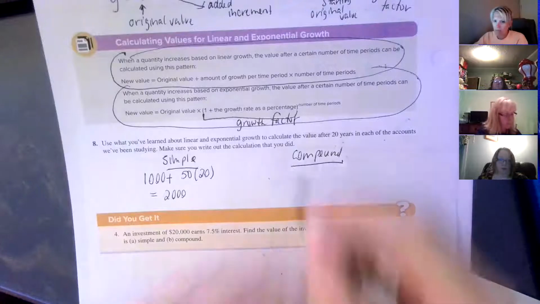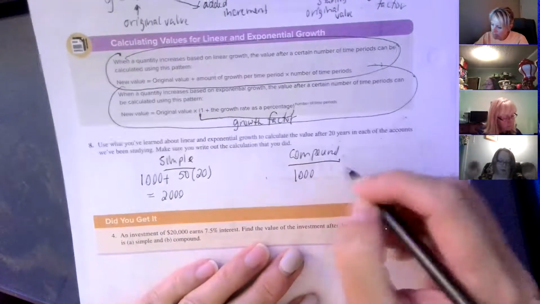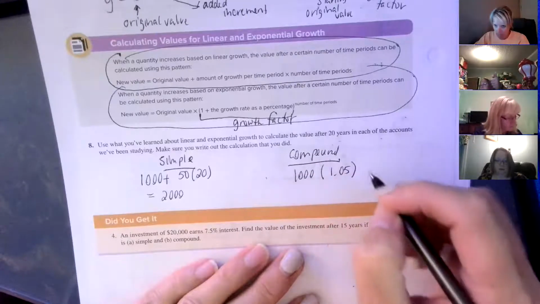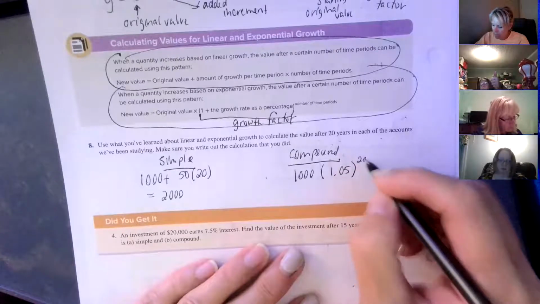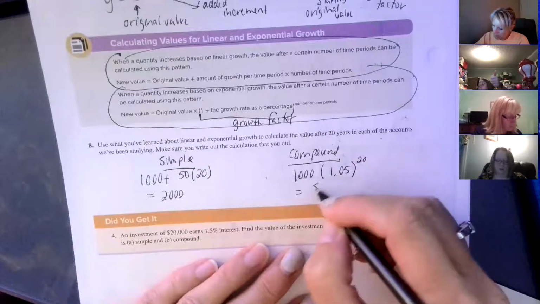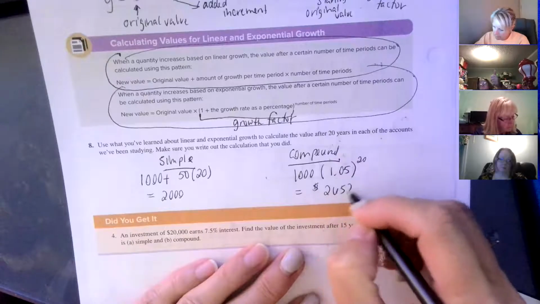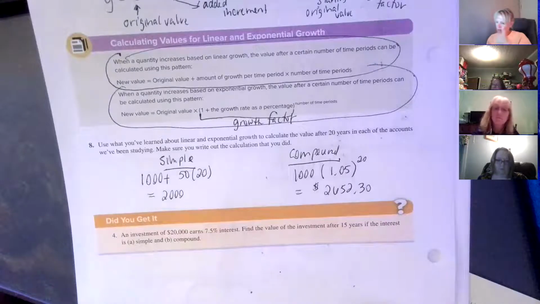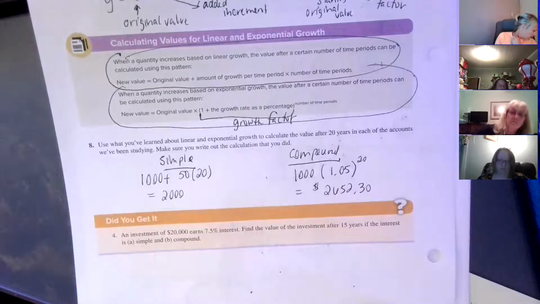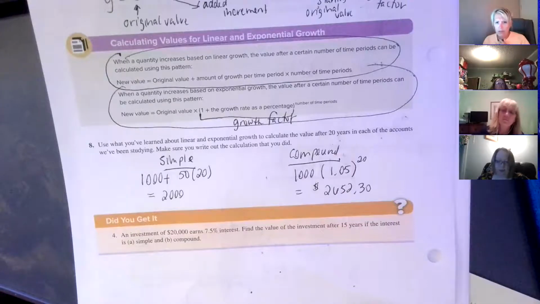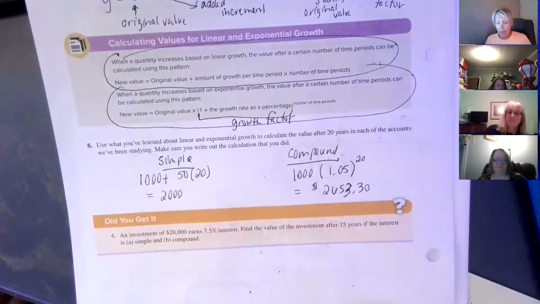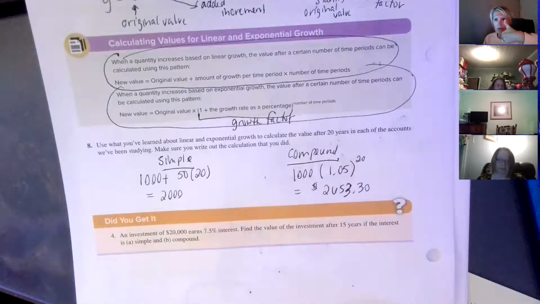I got 1,000 times 1.05 to the 20th power is $2,653.30. Yep, I'm in agreement with that. I had $53. Did you have 53? Yeah, that's what I said. Okay, I probably just didn't hear you correctly. Thank you. Darla and Teresa, are you ladies okay with that?